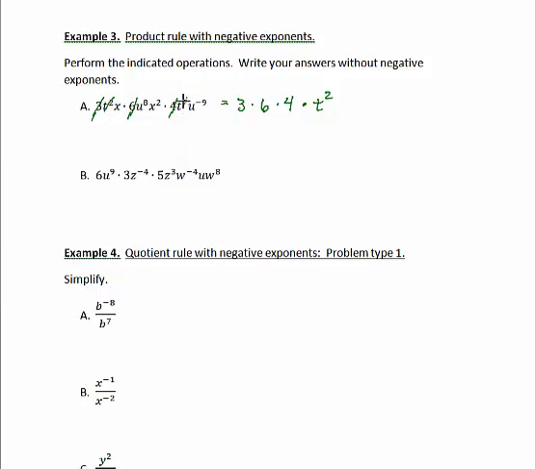T, and then here's another t to the 7th. We'll place those side by side. And next we have an x here and then an x squared there. And then we have only the u variable left.